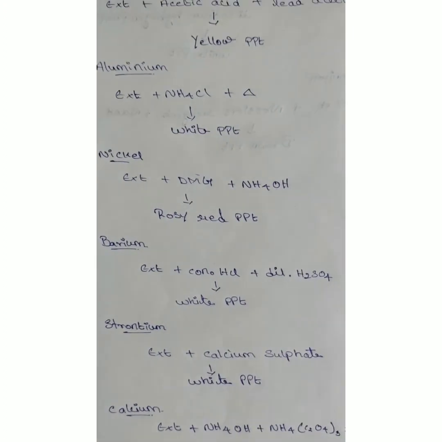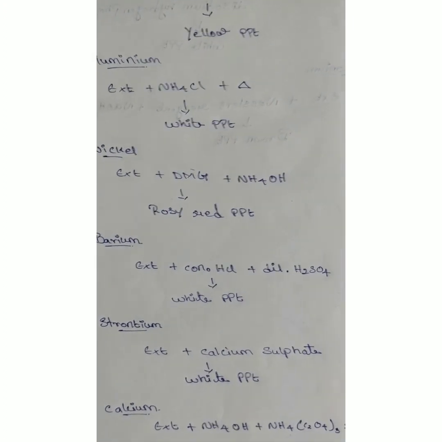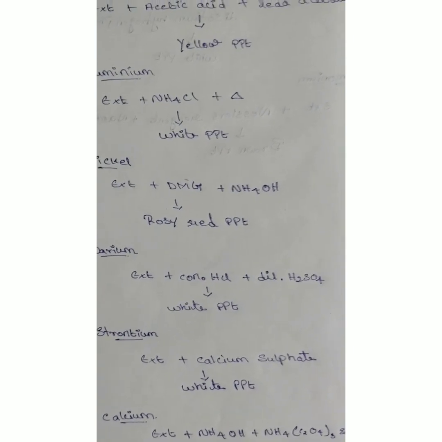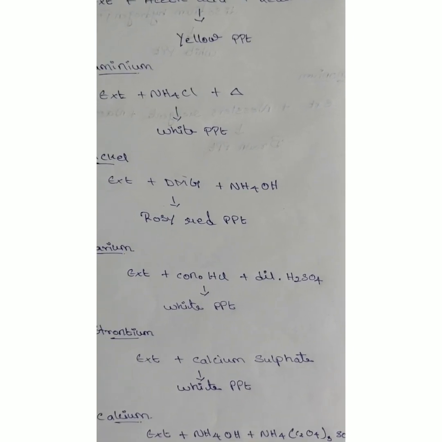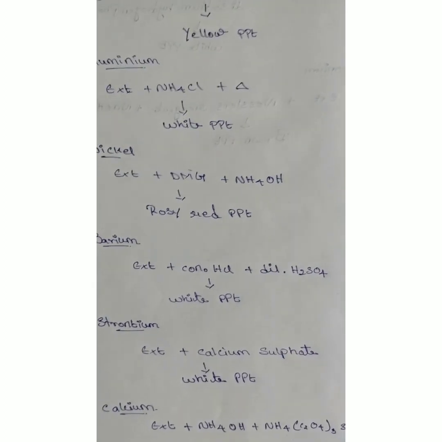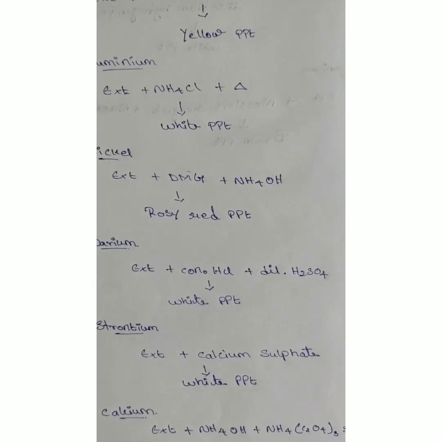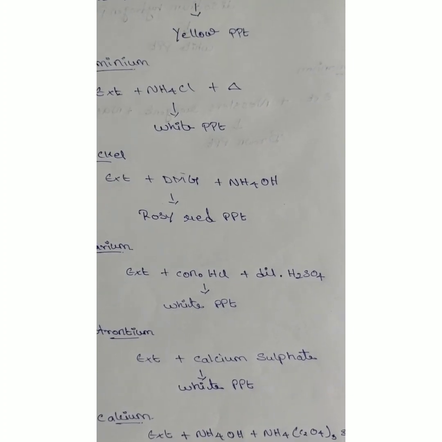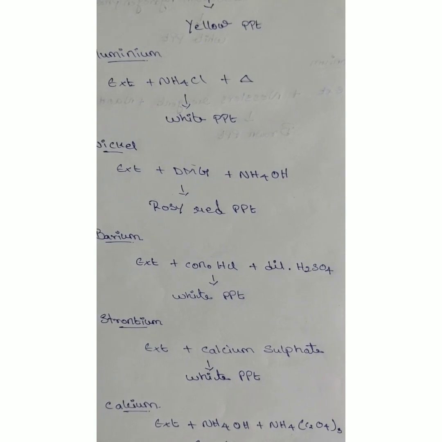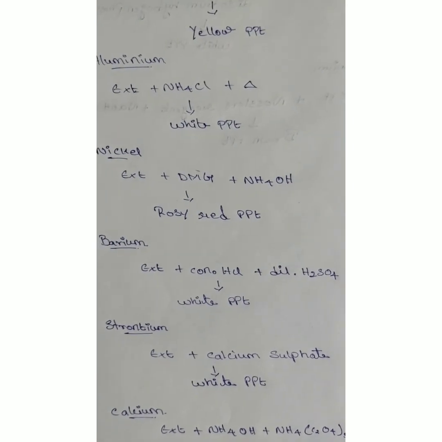Barium: the extract is mixed with concentrated hydrochloric acid plus dilute sulfuric acid to get a white precipitate which confirms barium. Moving on to strontium, the extract is mixed with calcium sulfate solution. As soon as we get a white precipitate, it confirms strontium.